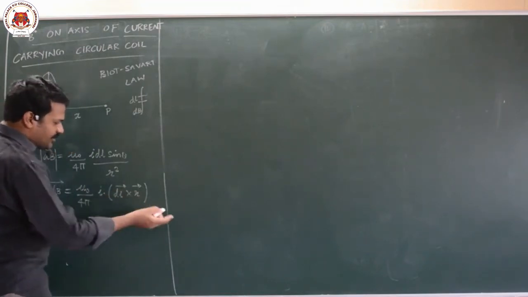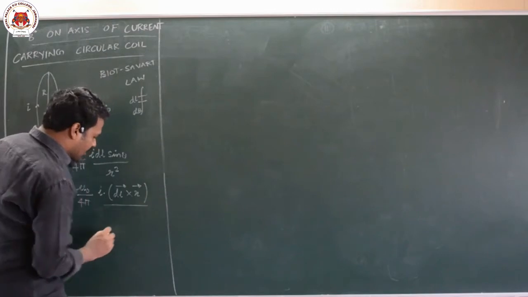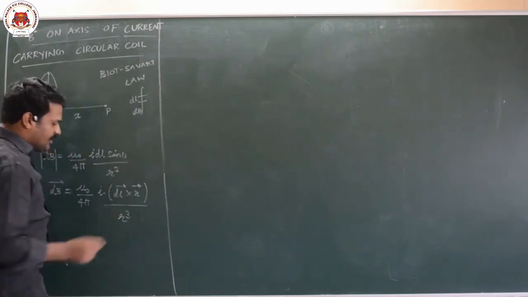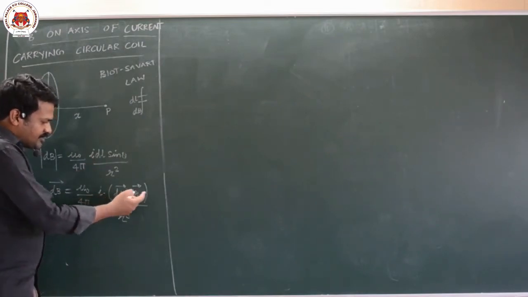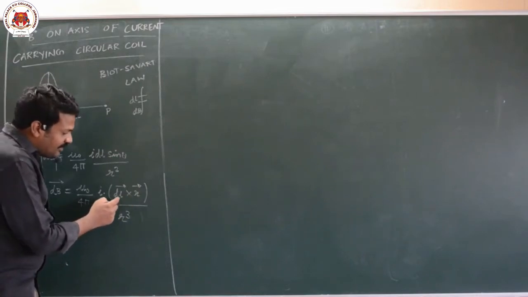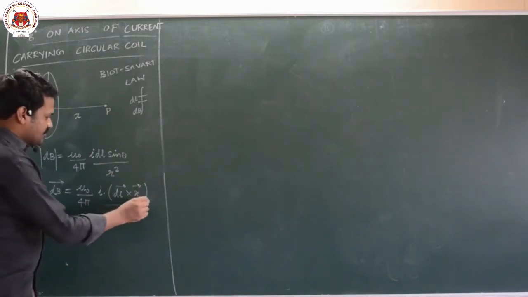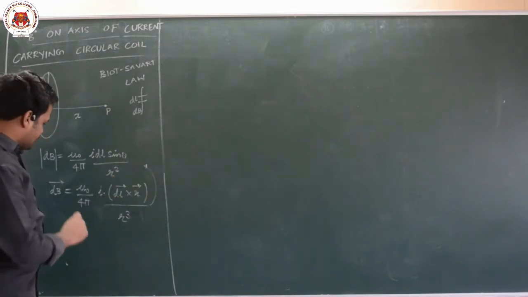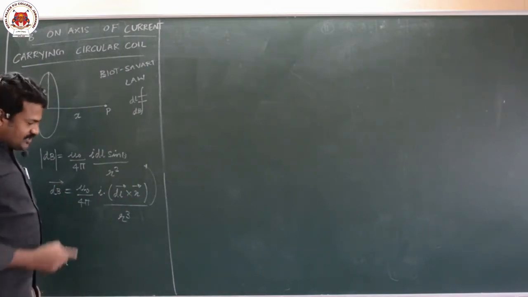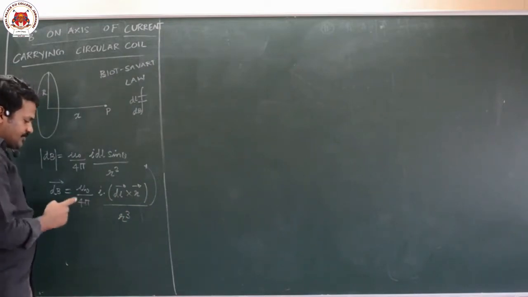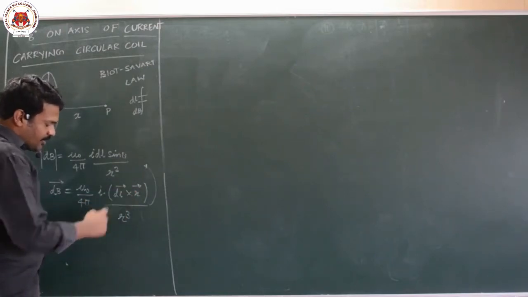The magnitude of dl bar cross r bar is dl r sin theta, and the r cube gets cancelled accordingly, so this is equal to the earlier form in magnitude. So this is the vector form of the Biot-Savart law: mu naught by 4 pi, I dl bar cross r bar by r cube. When I was explaining the Biot-Savart law I just said this, but had not written it.